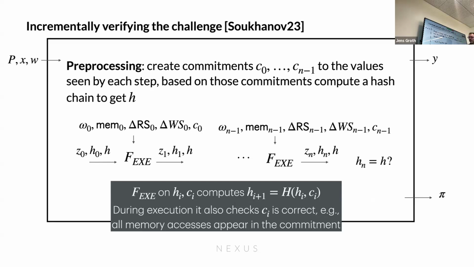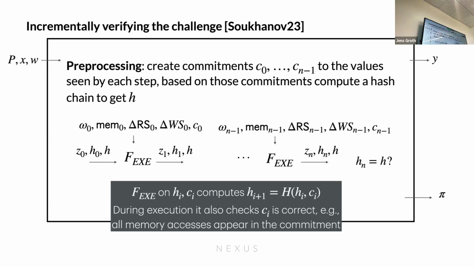In each of these steps, we say, here's a commitment to the memory accesses, and then this memory checking function can compute the next step in the hash chain. This is pretty compact. That's just a hash function, and this is a small commitment. It's a fairly cheap operation to compute the next step in the hash chain. So even though we're proving inside that it's correct, and it's expensive to prove things later, this is still manageable cost.